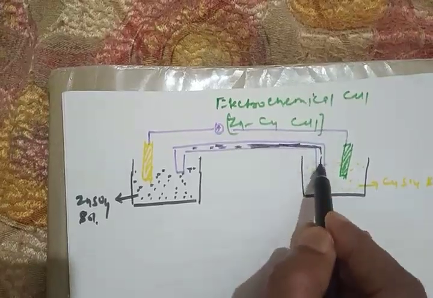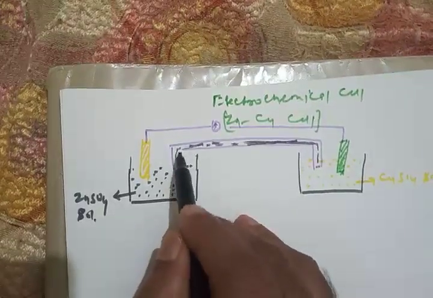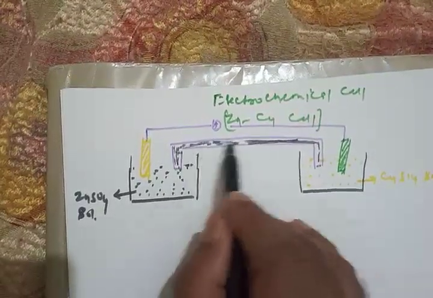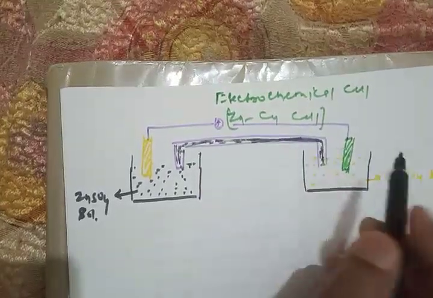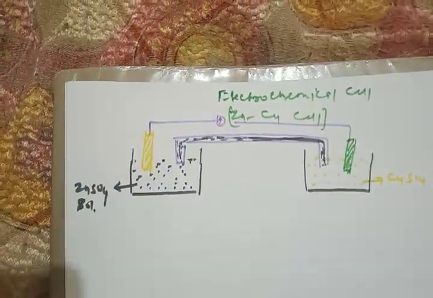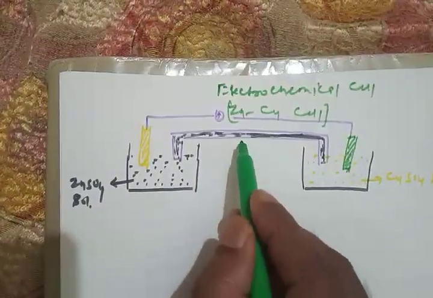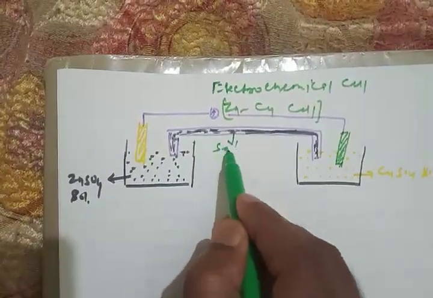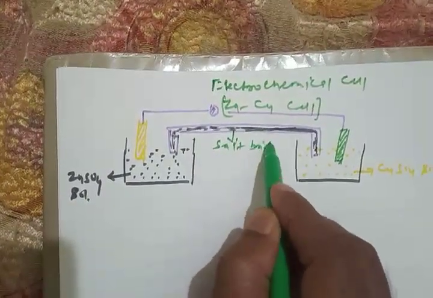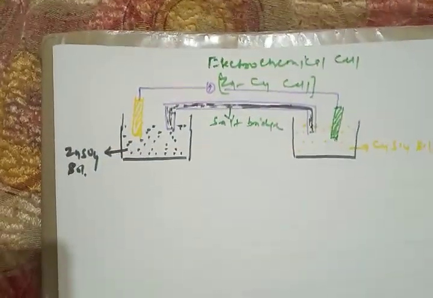With the help of the salt bridge we can easily keep these two solutions from intermixing. So this is the salt bridge. The salt bridge is a requirement in an electrochemical cell.